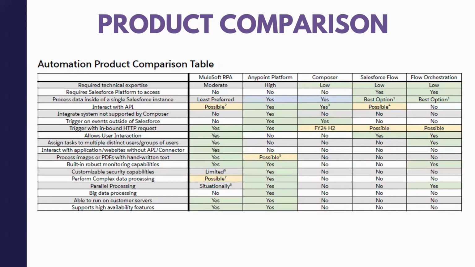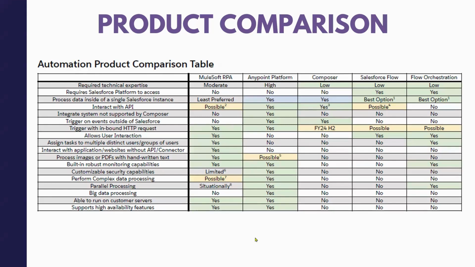Okay. Now, some things are very obvious. Parallel processing. MuleSoft RPA, it's not quite. Anypoint Platform, you betcha. Okay. Big data. If you see anything about big data, or you have a client that you're working with that has big data, they need to transform and do all kinds of stuff, and they've got all kinds of things, you better go to Anypoint Platform, because nothing else is going to do it like it does.